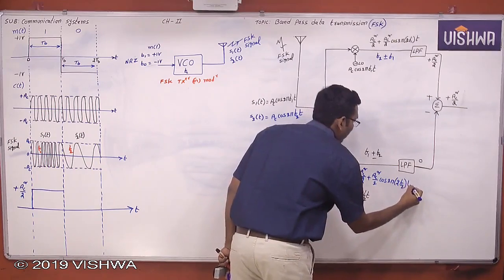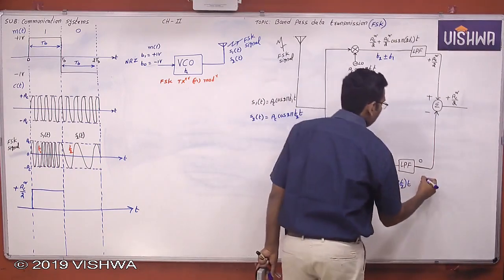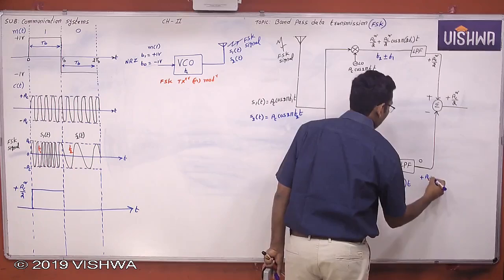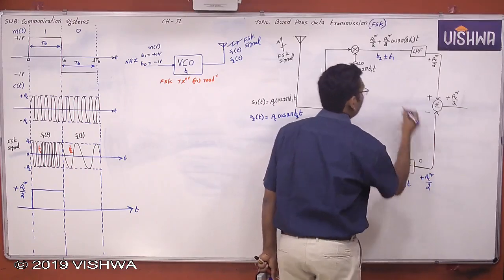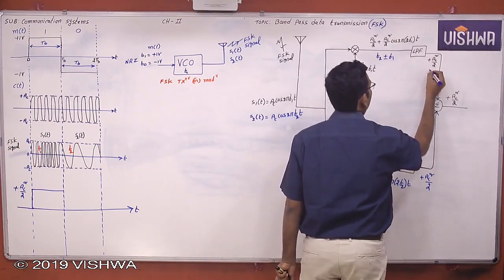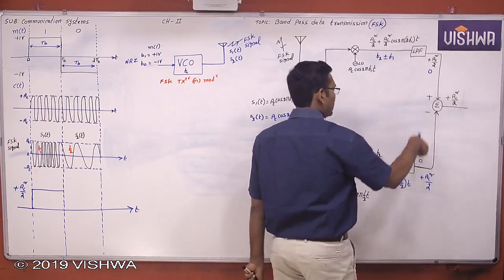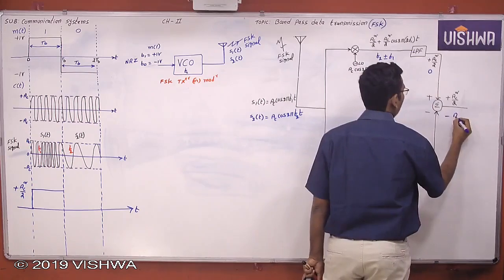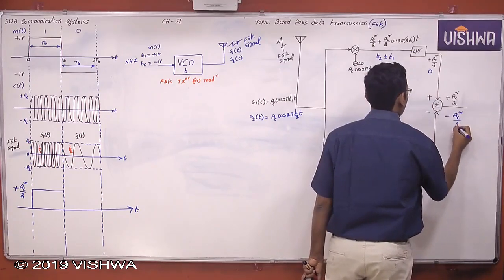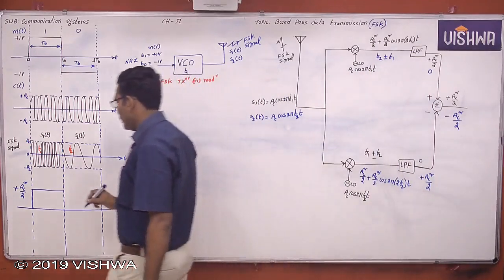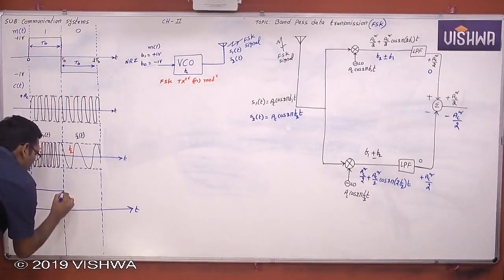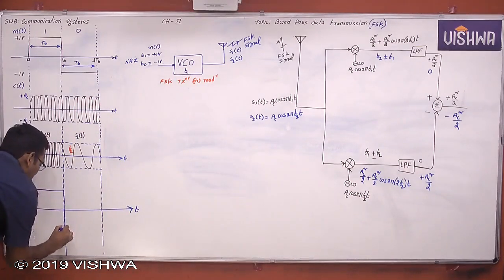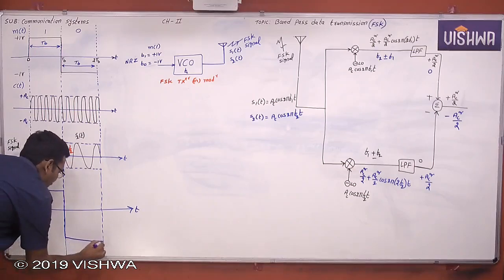This is not allowed by our low pass filter. Now here this is AC square by 2, and this is 0. So 0 minus AC square by 2, this is minus AC square by 2 for S2 of t.